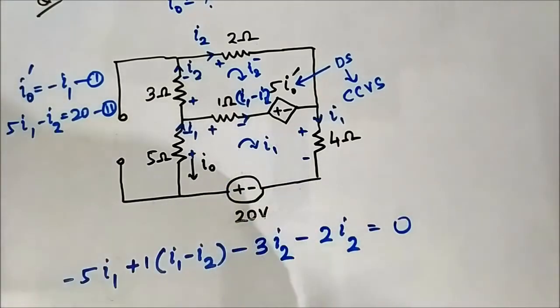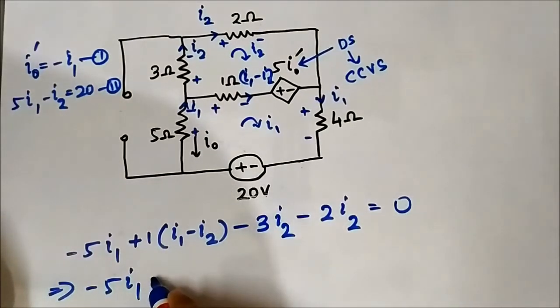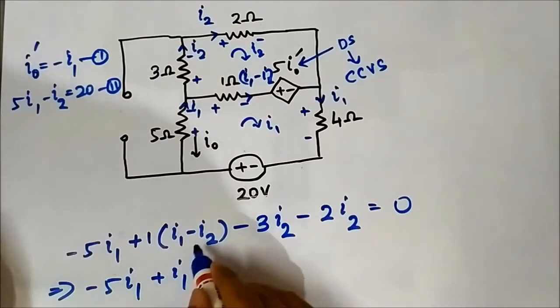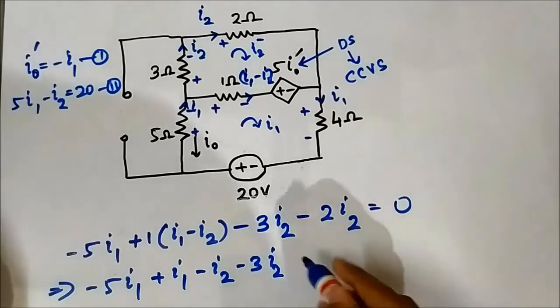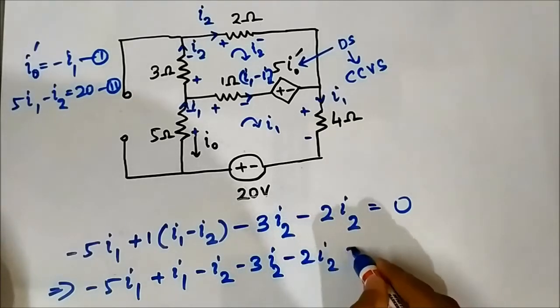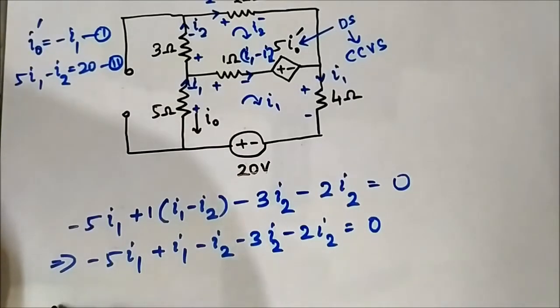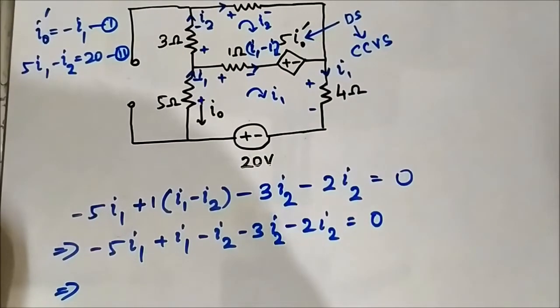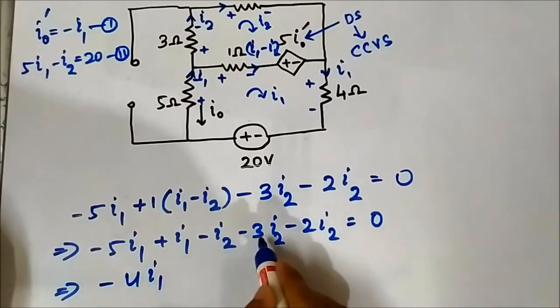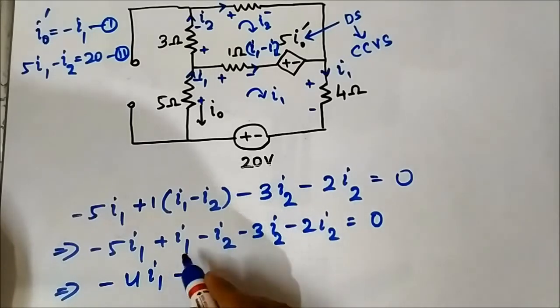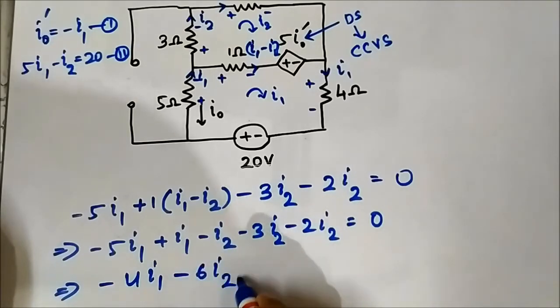That implies minus 5 I1 plus I1 minus I2 minus 3 I2 minus 2 I2 is equal to 0, that implies minus 4 I1 minus 6 I2 is equal to 0.